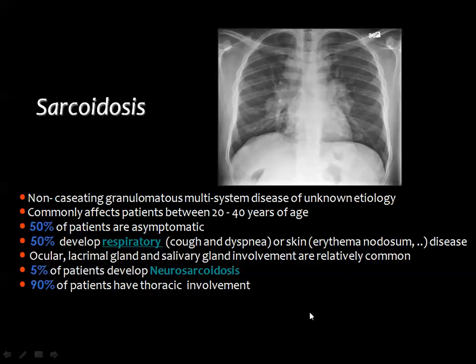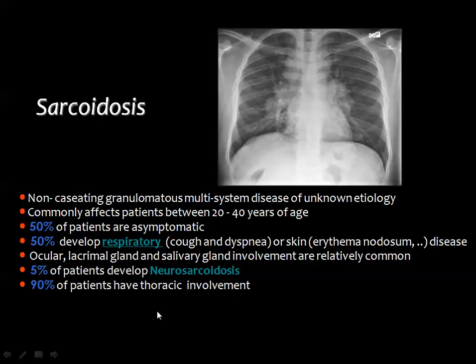Then 5% of the patients may have involvement of the central nervous system, and in most of the cases there should be an intrathoracic disease which may be symptomatic or asymptomatic.